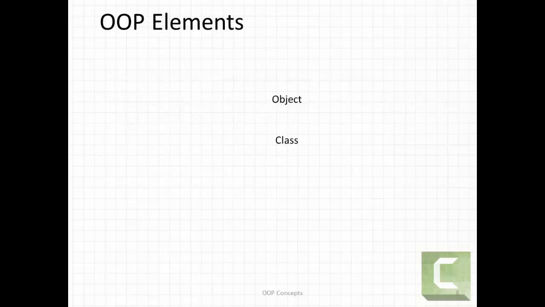Elements. OOP has two main elements. One is class, one is object. Everything inside OOP moves around these two elements, object and class.